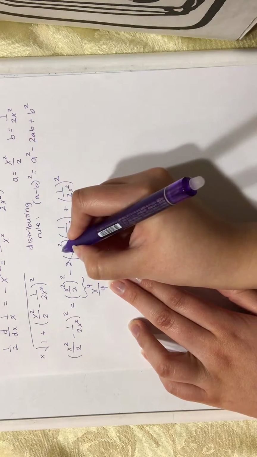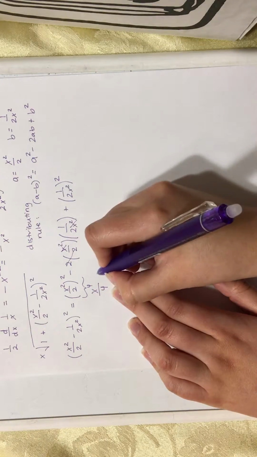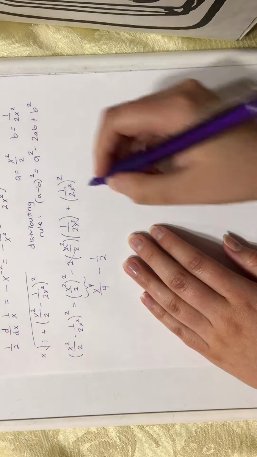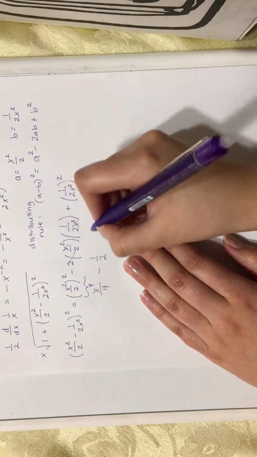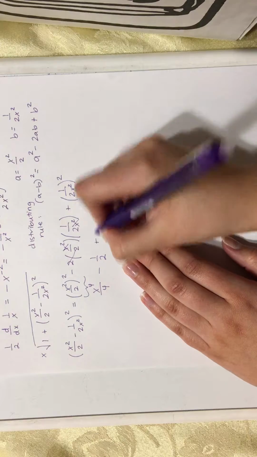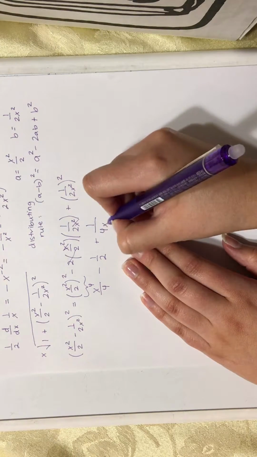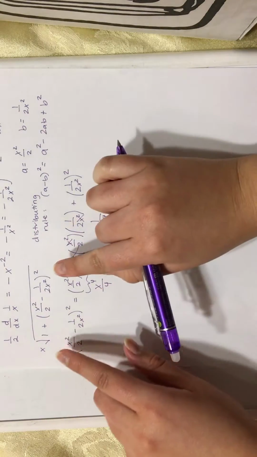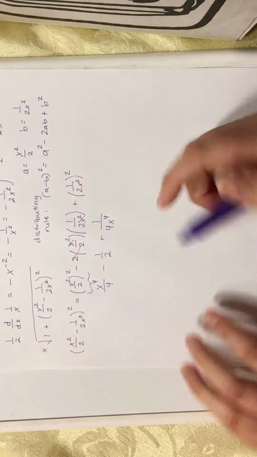These two cancel, and this x squared cancels, so we're left with a 1/2. And then we have, again, distribute this 2 in here. We have 4x to the 4th. So now we can put this whole thing right here.